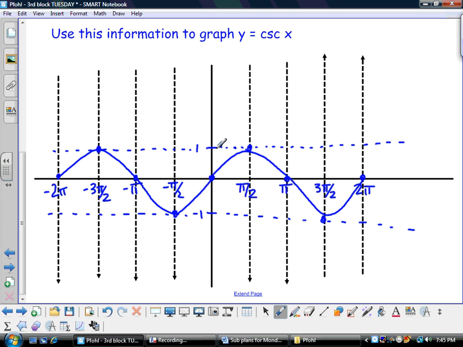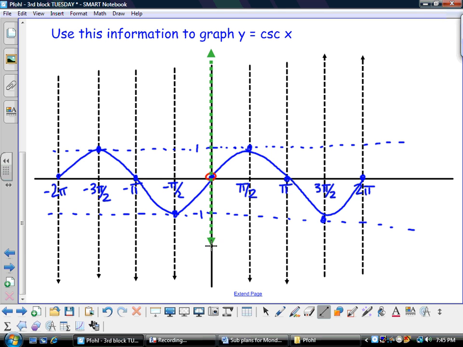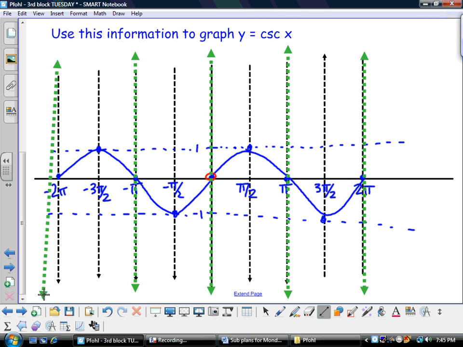now we said up above where the sine is 0, the cosecant is going to be undefined. So let's make really dark dashed lines to represent where we have asymptotes on this graph. We're going to have an asymptote everywhere the sine graph is at 0. So we'll have an asymptote at 0, at pi, 2 pi, negative pi, and negative 2 pi.